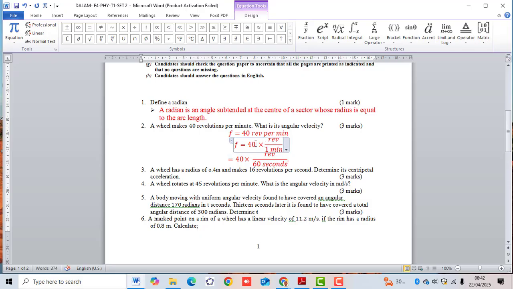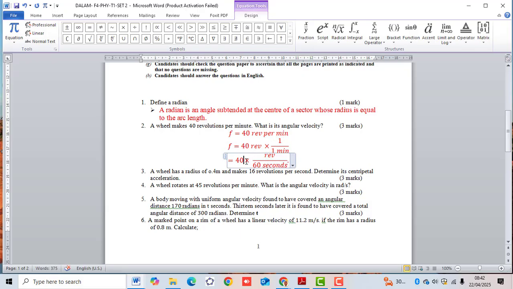Or you can just put here 40 revolution, then per is the same as reciprocal, equal 1 over 1 minute. This one is a revolution, and this one is a 1.